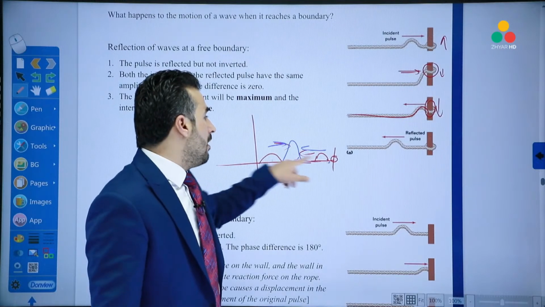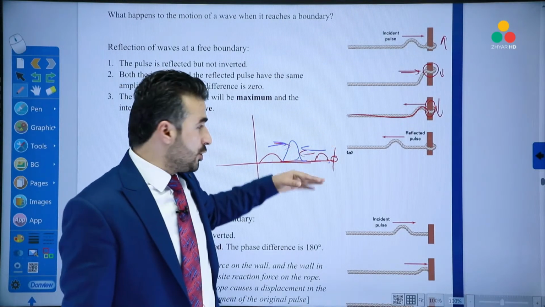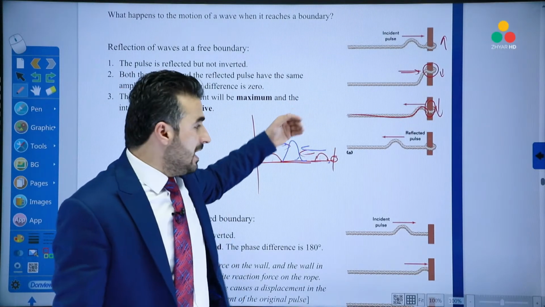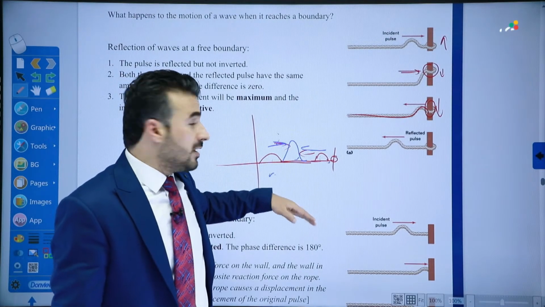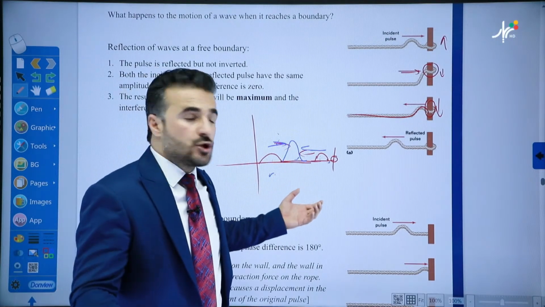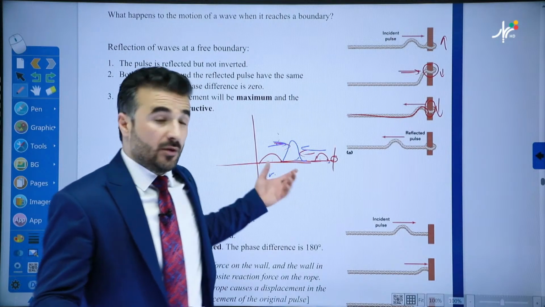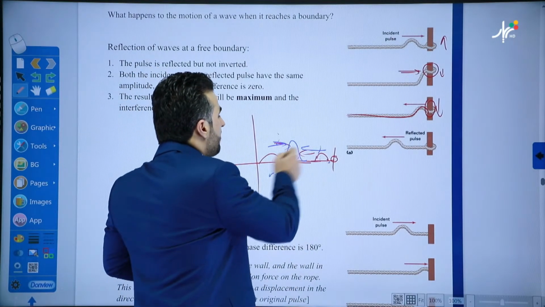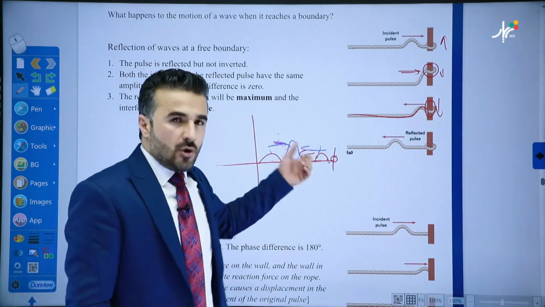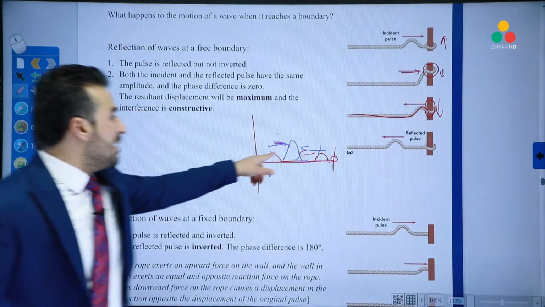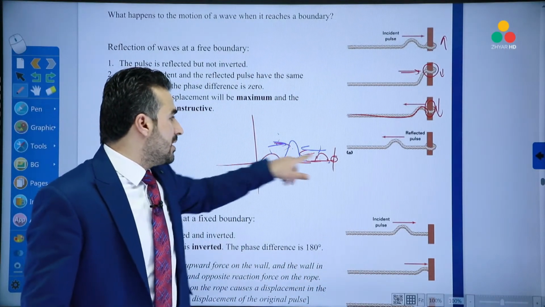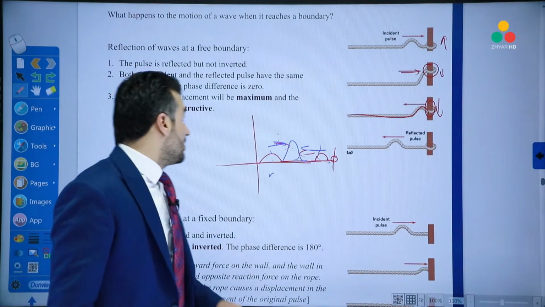Because these two are both above the equilibrium position or on the same side of the rope, okay? Even if they were both on the same side below the equilibrium, we would have a constructive interference as well. But in this case, these are both above the equilibrium, so we get a constructive interference, okay? So what about their amplitude? The amplitude of this, of course, is going to be the combination of these two amplitudes, okay?